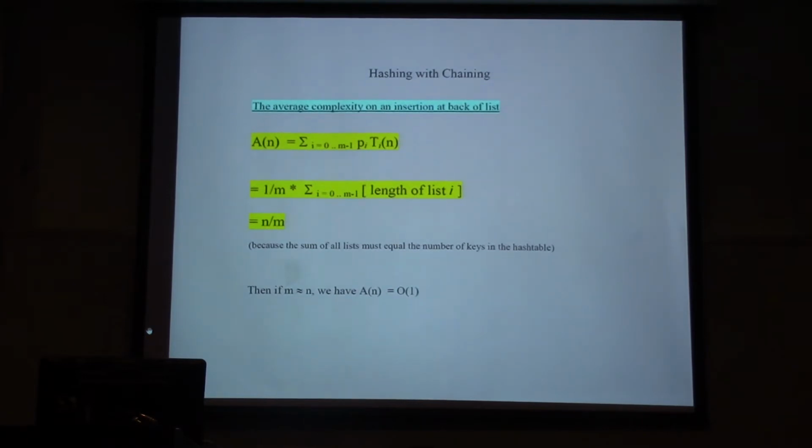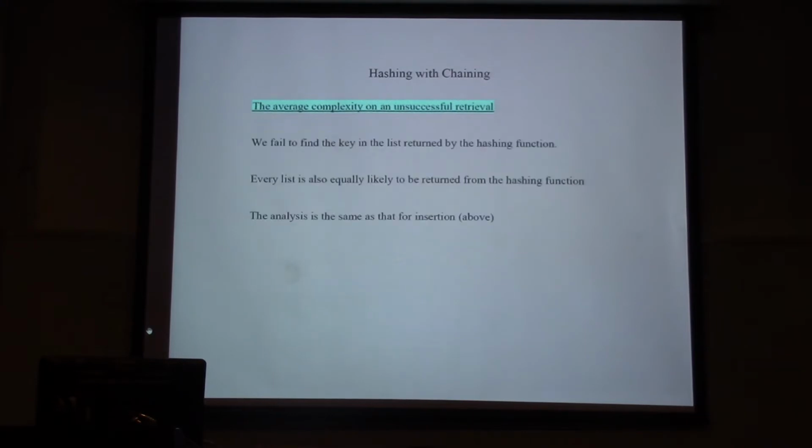Traversal is going to be the length of the list. So that could be 1, but it could be n. If everything goes in one list, it could be n. If everything goes in 2 lists, it's n over 2, which is still theta n. So we came up with the idea that if the number of lists is approximately equal to the number of elements that we're hashing, then we have big O of 1.